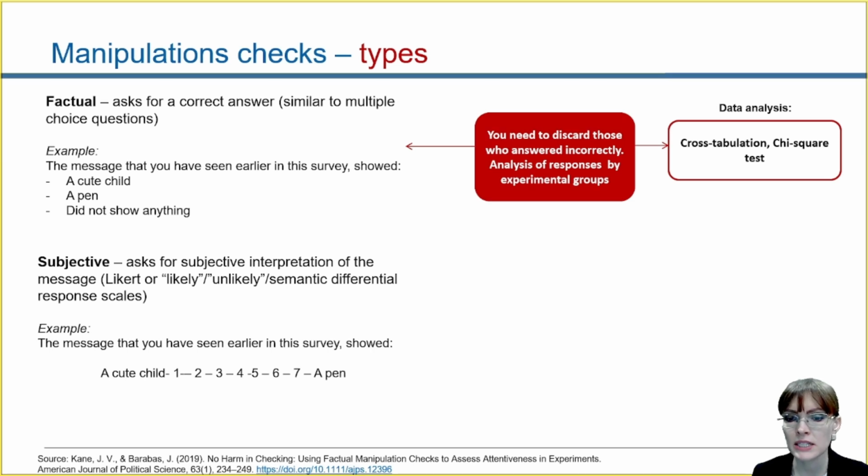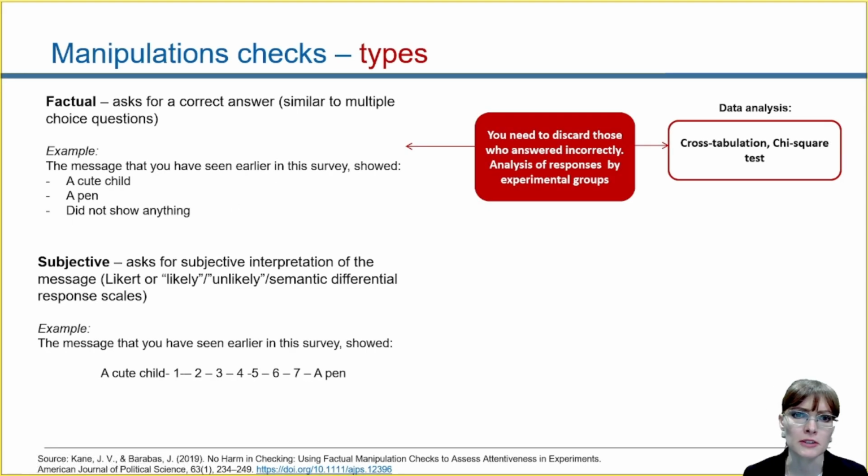How would you analyze a factual manipulation check? As you may have already guessed, you may need to discard those people who answered incorrectly. You need to cross-tabulate your variable where you captured your experimental condition with the answer options on your factual manipulation check. You may see papers sometimes reporting that a chi-square test suggested there were a lot more people who picked a cute child in the cute child condition, or more people who picked a pen in the pen condition.